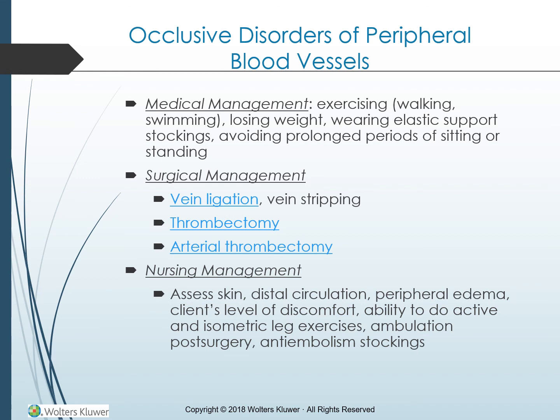Nursing management. The nurse assesses the skin, distal circulation, and peripheral edema, asking the client to rate the level of discomfort and ability to do active and isometric leg exercises. When a surgical approach is used, the client returns with a gauze dressing covered by elastic roller bandages on the operative leg.